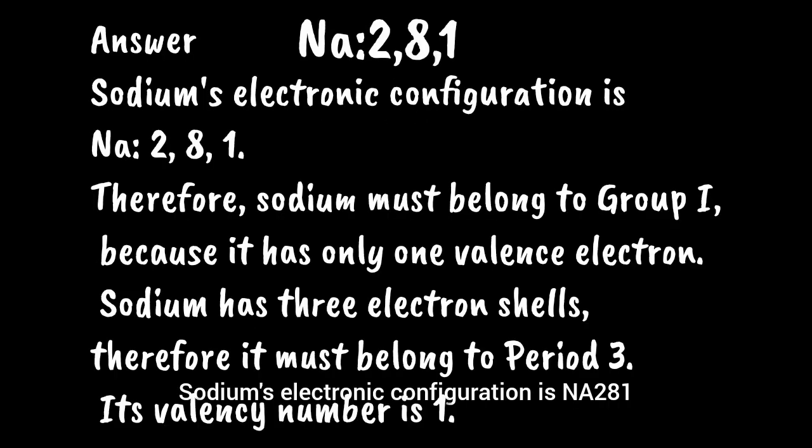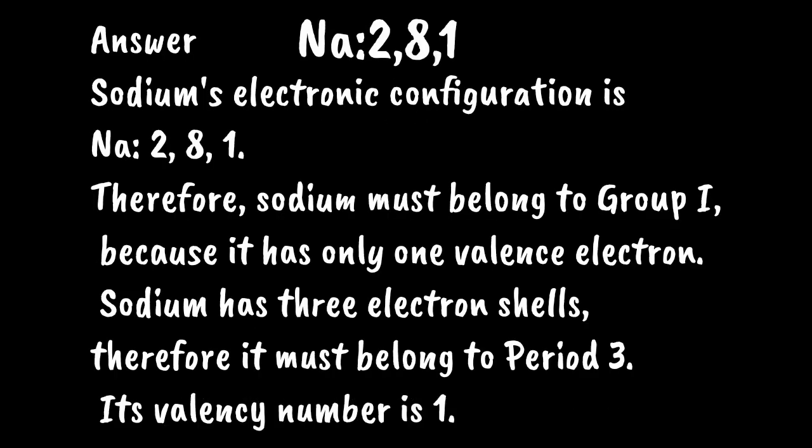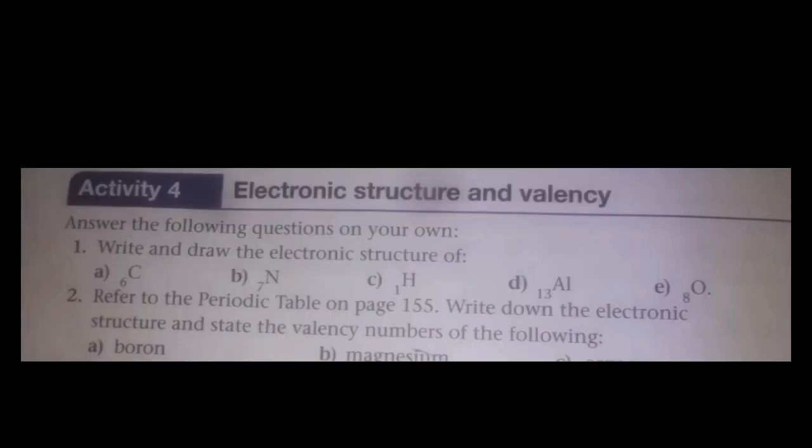Sodium's electronic configuration is 2, 8, 1. Therefore, sodium must belong to group 1 because it has only 1 valency electron. Sodium has 3 electron shells, therefore it must belong to period 3. Its valency is 1. Here's an exercise for practice.